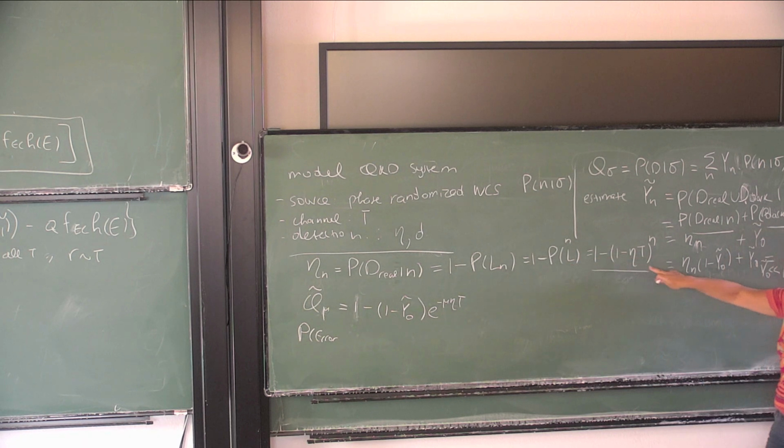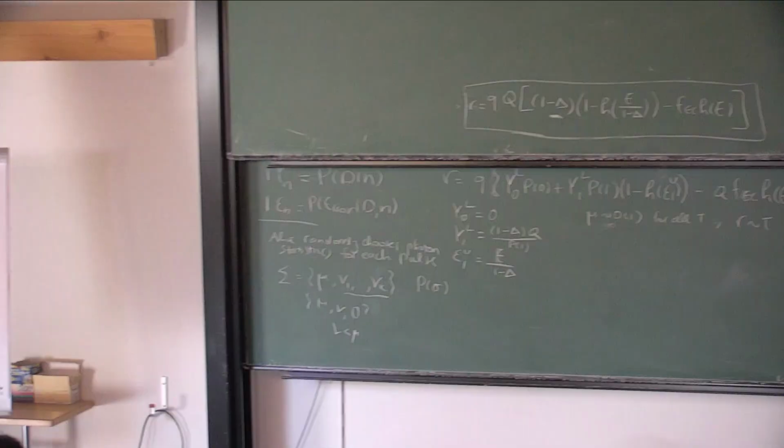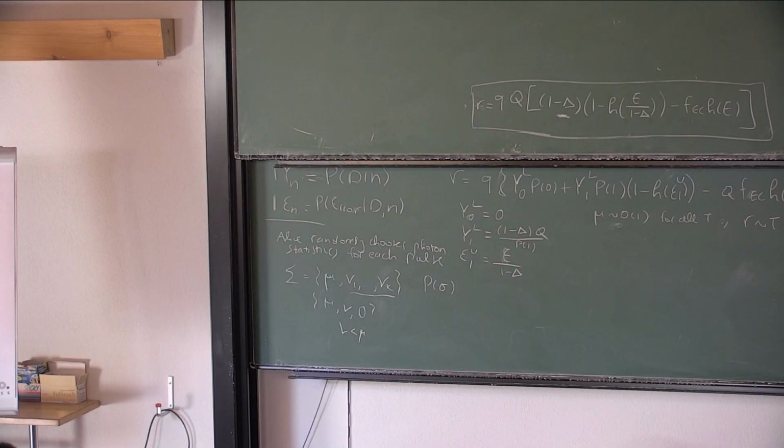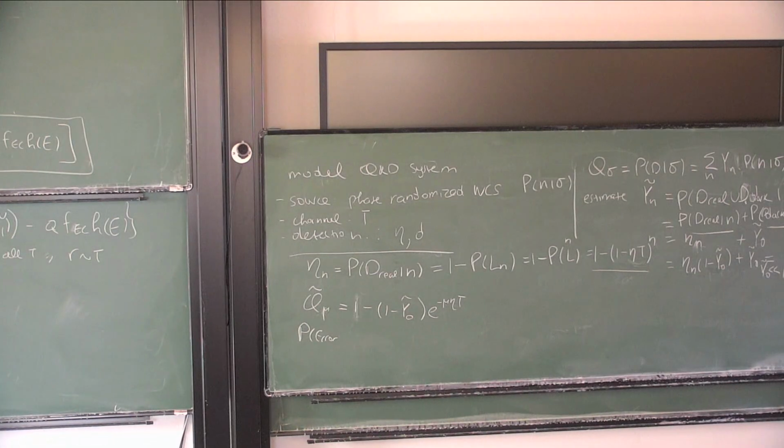The probability of losing 1 photon is the probability that it doesn't get transmitted and detected, which is eta t, the transmission times the quantum efficiency, so the probability of losing it is 1 minus eta t.